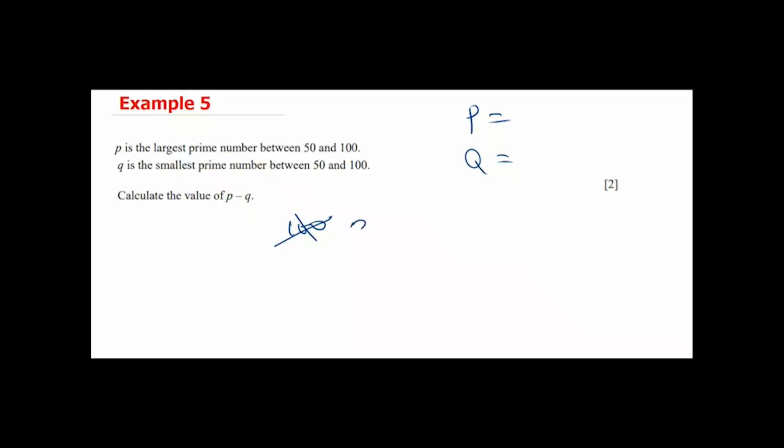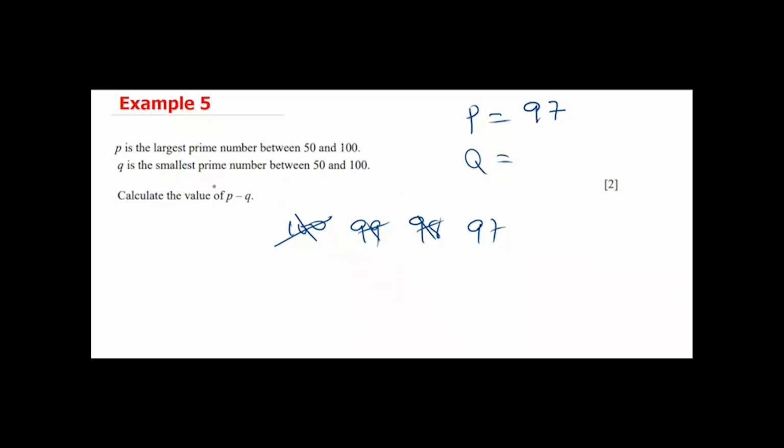We leave that. 99 is the next one, and it's not a prime number. 98 is the next one, but it's not a prime number. I want to believe you know the reason. Then 97 is the next one, and 97 is a prime number because apart from 1 and itself, there is no other number that can divide it. So I'm going to put 97 here. That's the value of my P.